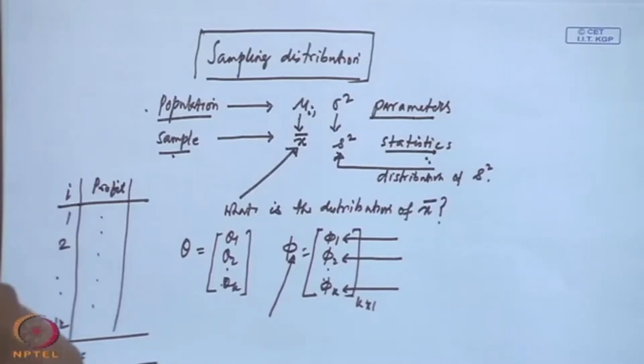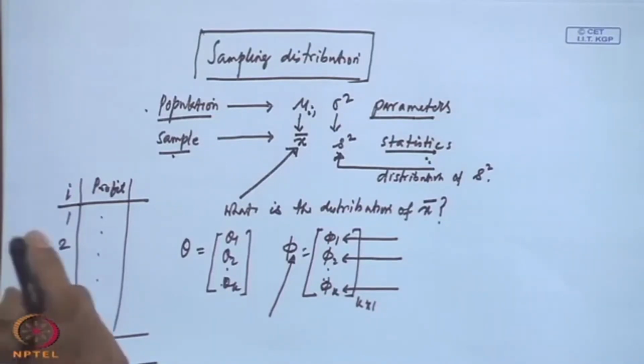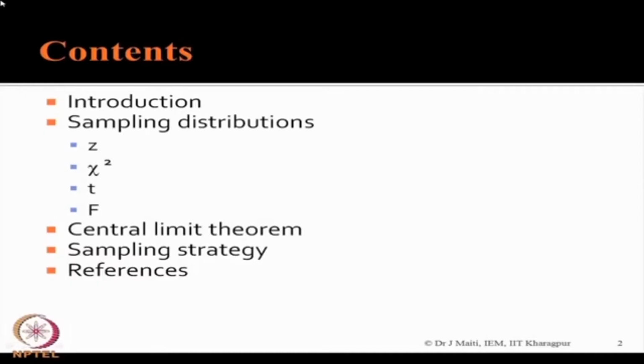With this, today's discussion is sampling distributions. There are the unit normal distribution, where Z stands for unit normal, then the chi-square distribution, T distribution, and F distribution. These are the most popular, widely used distributions for sample statistics.